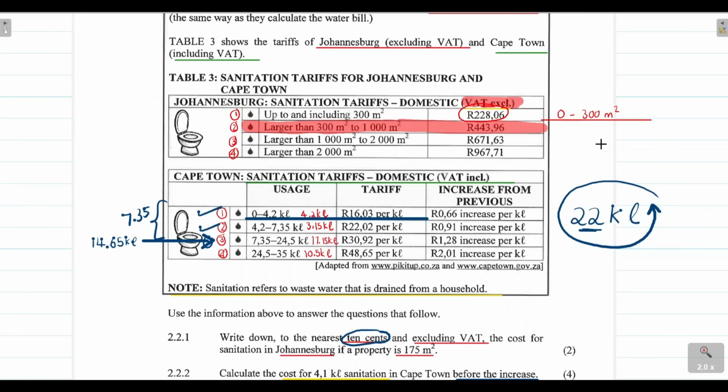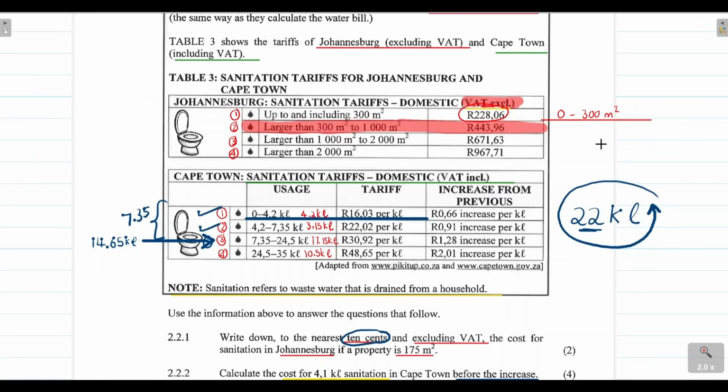So that's what's beneficial about this tariff system. No matter how much water you use, just because you stay in a smaller property, you'll still pay less. The tariff system is calculated based on the size of the property, so the bigger your property, the more you pay, and the smaller your property, the less you pay.